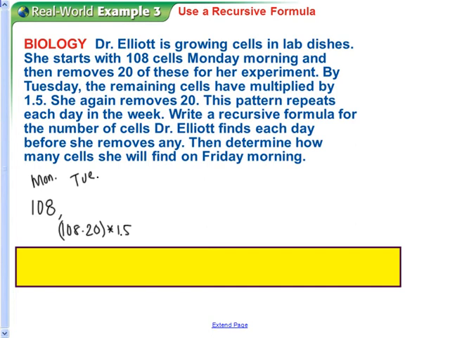Oh, I did that wrong. Just a sec here. 108 minus 20, and then times by 1.5. You get 132.